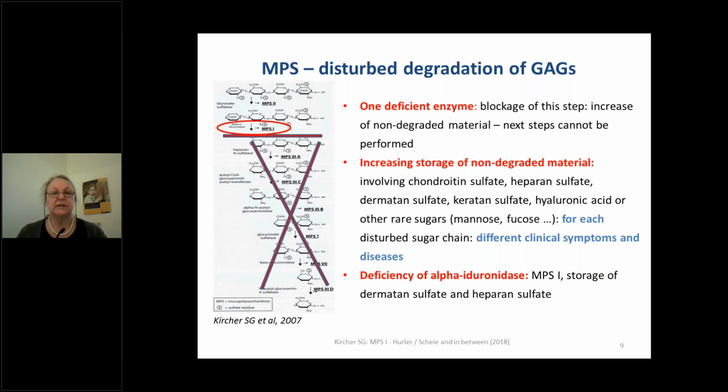So you have increasing storage of non-degraded material, and if it involves chondroitin sulfate, heparan sulfate, dermatan sulfate, or keratan sulfate, you have for each of these disturbed chains different clinical symptoms and therefore different MPS diseases. We will speak about the deficiency of alpha-iduronidase today, because this is responsible for MPS I. And the storage is of dermatan sulfate and heparan sulfate.